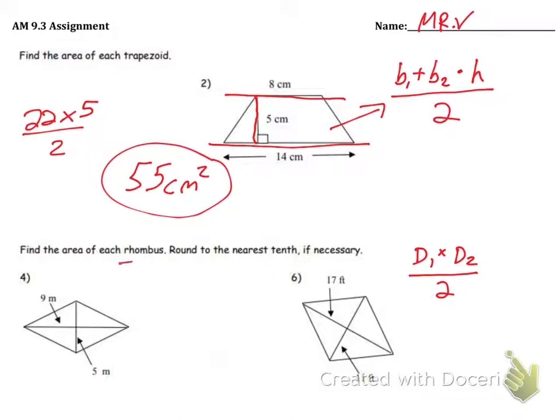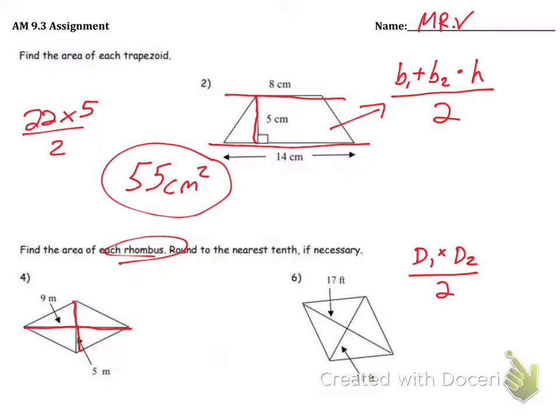All right, so here we're going for a rhombus. Rhombuses and kites are very similar. It's diagonal 1 times diagonal 2 divided by 2. So this would be diagonal 1, and then this would be diagonal 2. It can be opposite, but as long as you know that there are 2 diagonals, that's all you need to know.